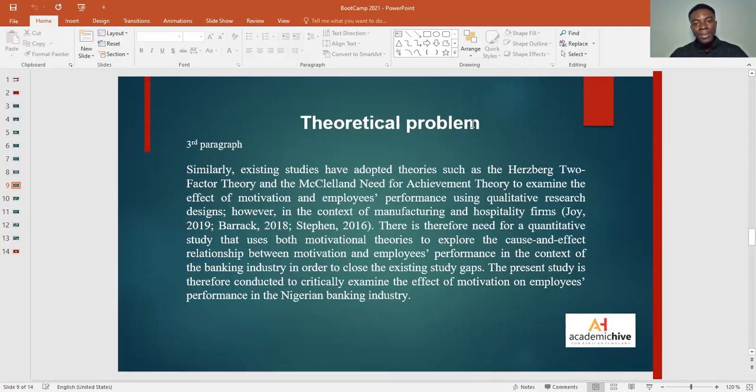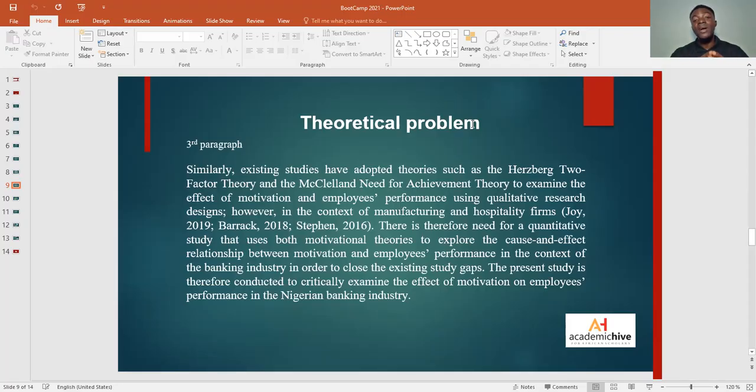There's something called a gap analysis, where you review 10 to 15 studies or more that have been conducted on your subject area so that you can see what has been done and what has been found, and ultimately the gaps. So these gaps were gotten from a gap analysis that I conducted on some few studies on the subject. You need to do a gap analysis.